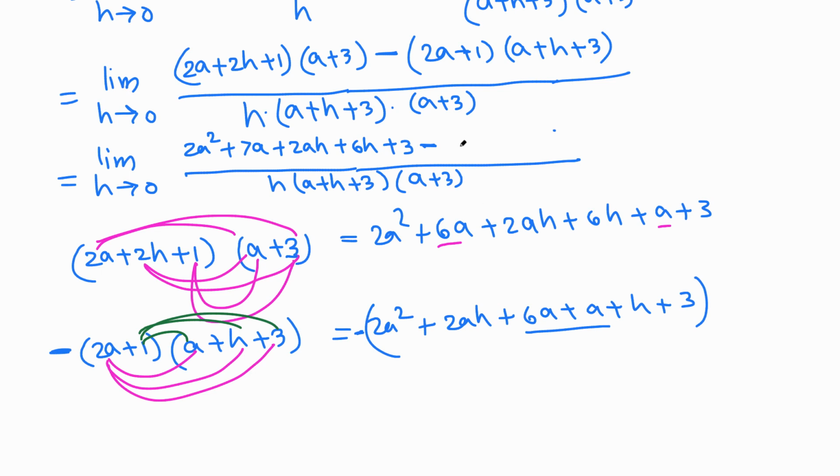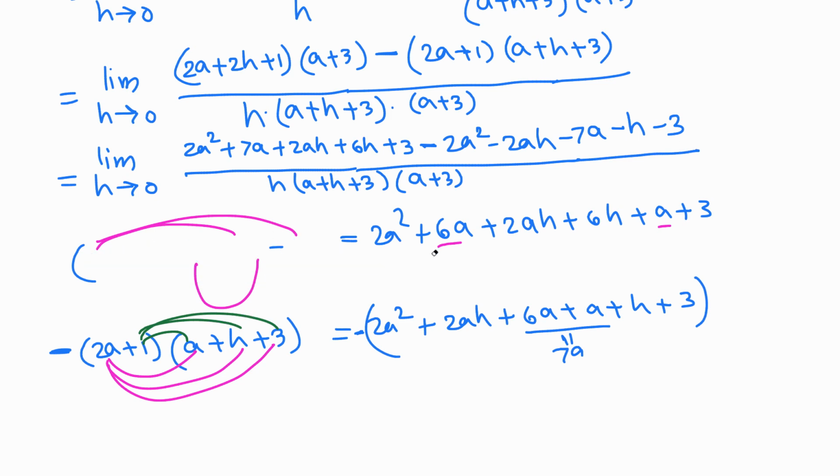So negative 2a squared, negative 2ah. This is 7a when we combine, but now negative 7a, negative h, negative 3. Okay, now we are almost done.